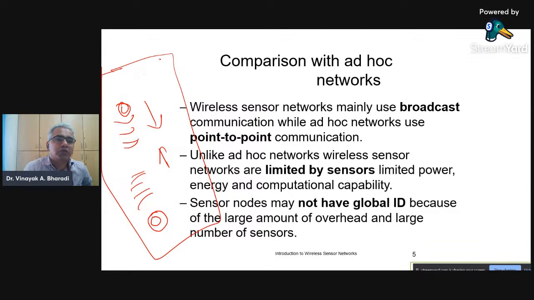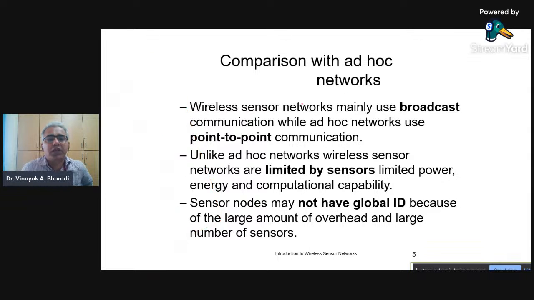For the communication, for example, if device X wants to communicate with device Y, it may use some protocol so that it uses an intermediary to communicate, and similarly this communication goes on. Such protocols will be in place. Then ad hoc networks are limited in size, whereas a wireless sensor network has lots of sensors.